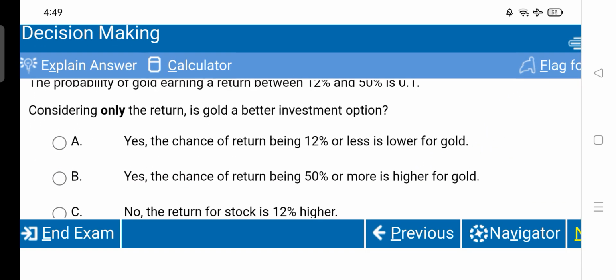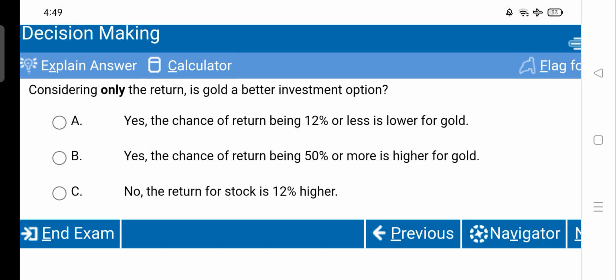Considering only the return, is gold a better investment option? Option A, yes. The chance of return being 12% or less is lower for gold. Option B, yes.